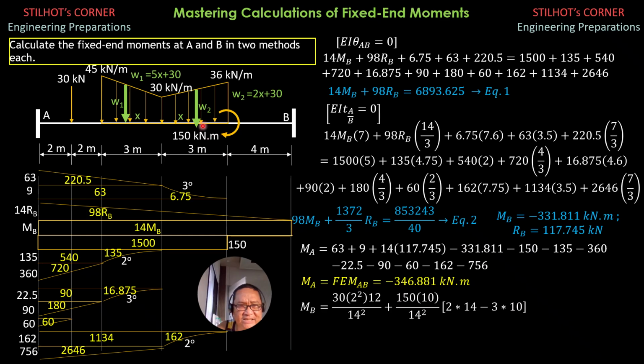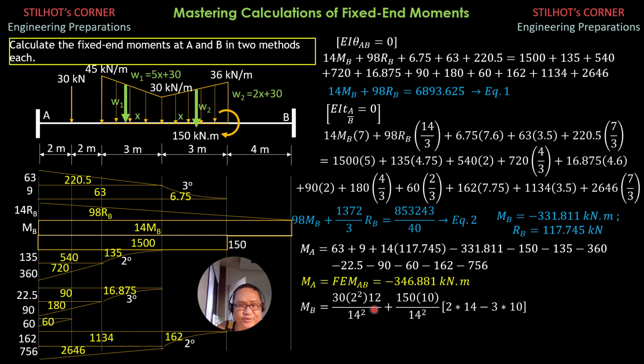The moment is clockwise, so it is positive. So 150 times A, which is 10, divided by L square, 14 square, quantity 2L minus 3A. If this is positive, then that means it is clockwise. If it is negative, it is counterclockwise. Remember the sign convention in computing fixed moment.